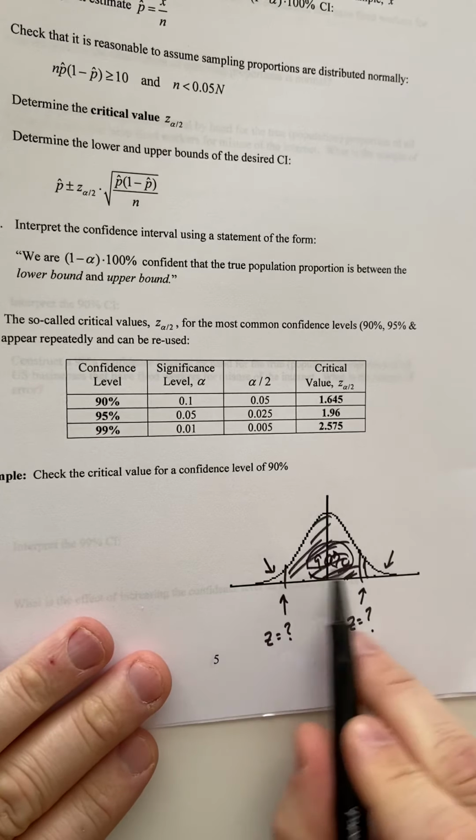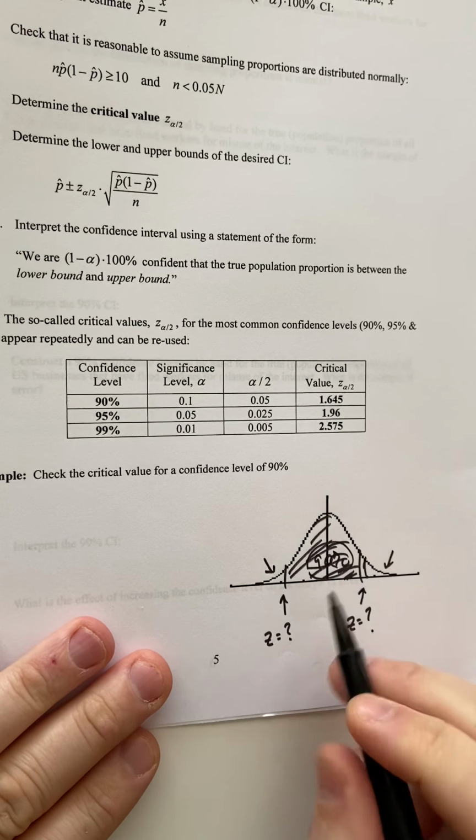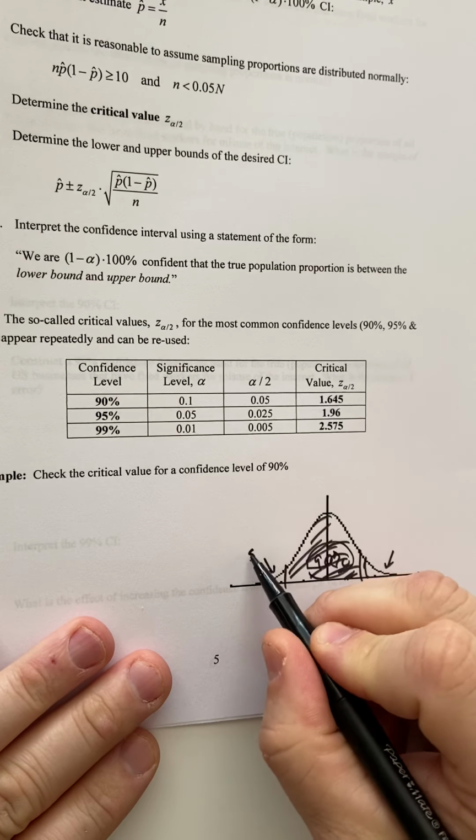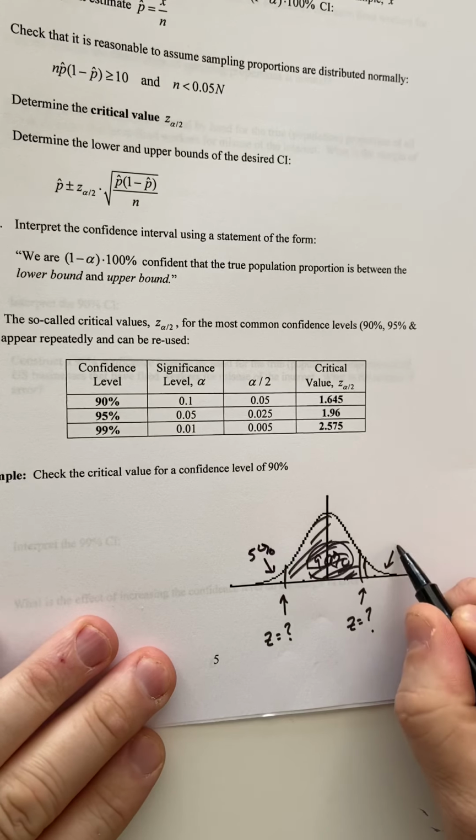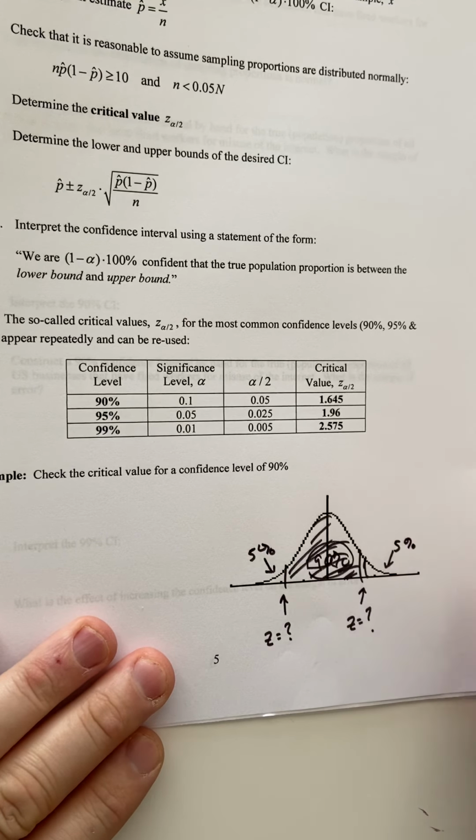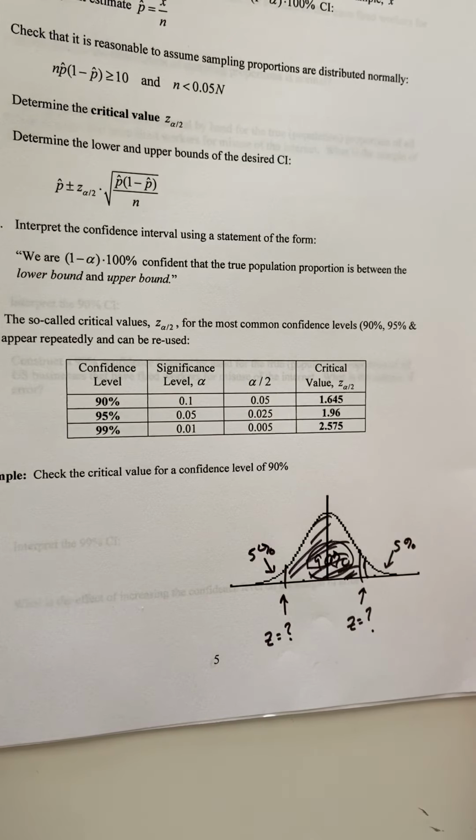That 10% needs to be equally distributed, so we're going to put 5% of the area over here and 5% over here. Remember, when we're looking for z-values, we're going to have to use the body of our z-table.